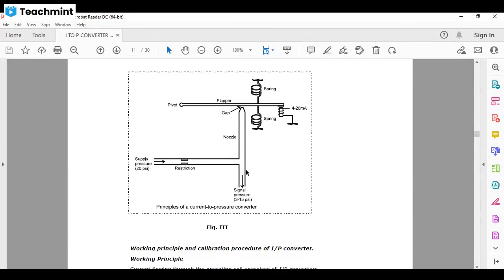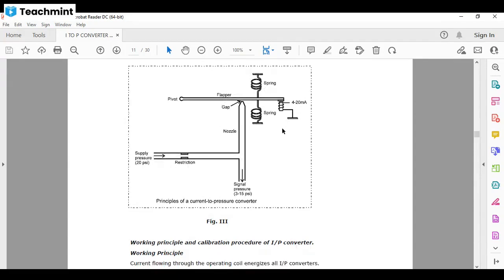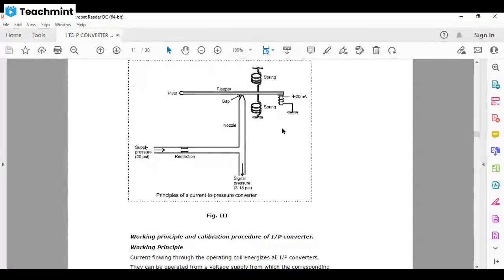Our signal pressure is 3 to 15 psi, the applied current is 4 to 20 milliampere, and the supply pressure is 20 psi. Our main aim is to convert the current into signal pressure. So this is our block diagram, the diagram of the current to pressure converter.